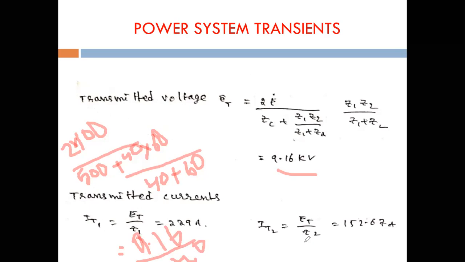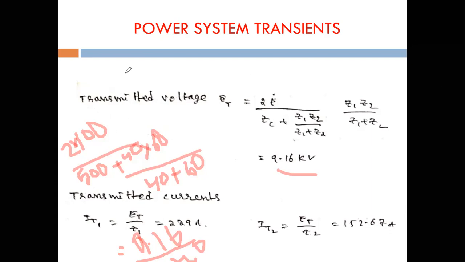ET is equal to 100. Substitute 100 by 60. That is equal to 152.67 amperes. That is IT2 is equal to 152.67 amperes. This is the transmitted current.